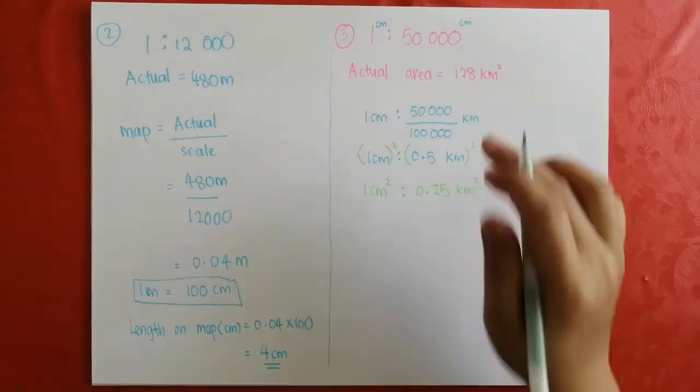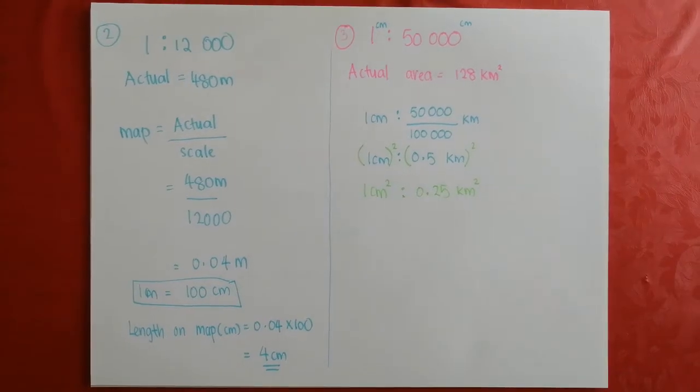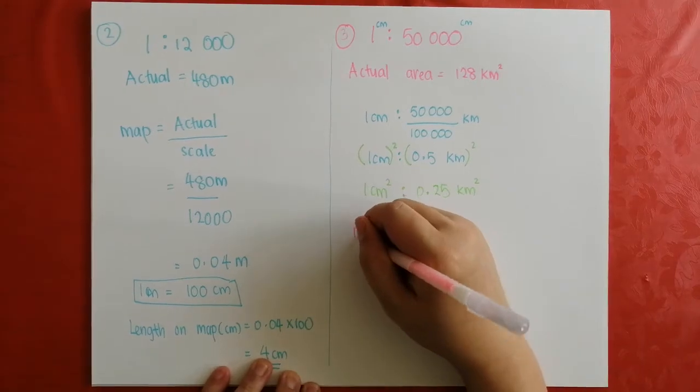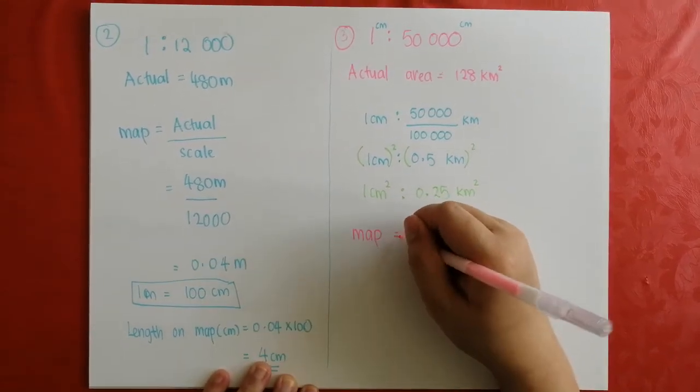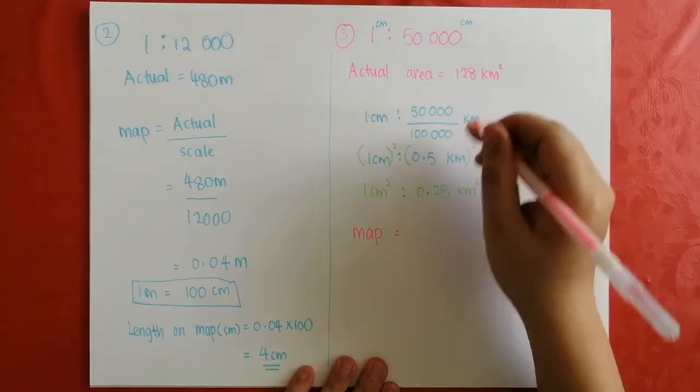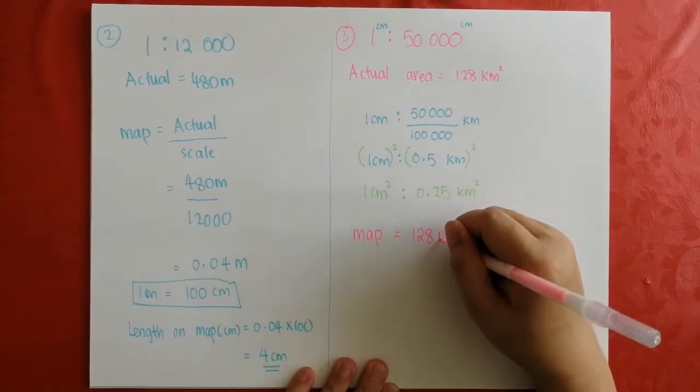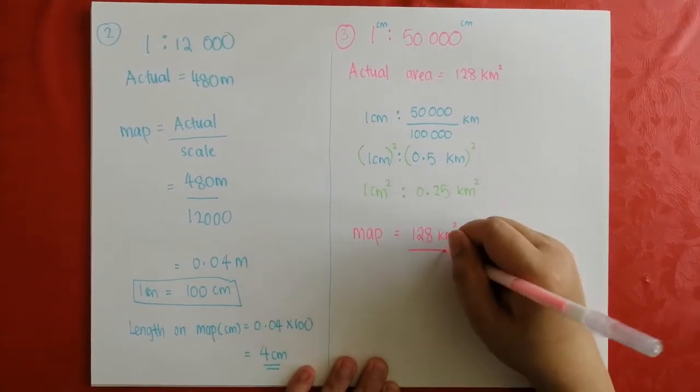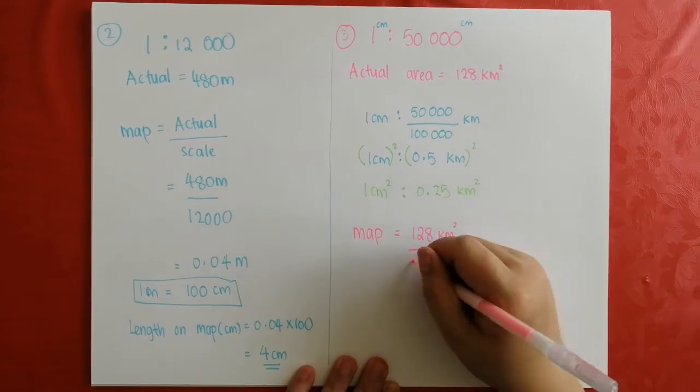The actual area is 128, and you are asked to find the map area. Therefore, your map area will be the actual 128 square kilometer divided by the scale, which is 0.25.